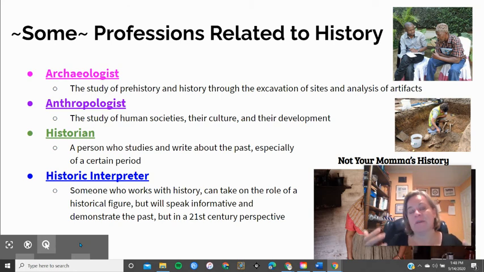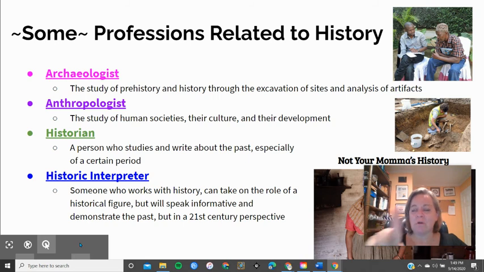That doesn't mean they go live that life, but it's like the people here at Old Salem. If you go to Old Salem and go tour around Old Salem, the people that you run into there who are dressed in the Moravian clothing, they're there to be a historic interpreter. They're there to show you what it was like to live during that time, to give you our perspective from today on that time when they were living.